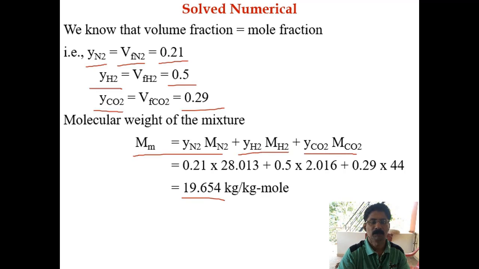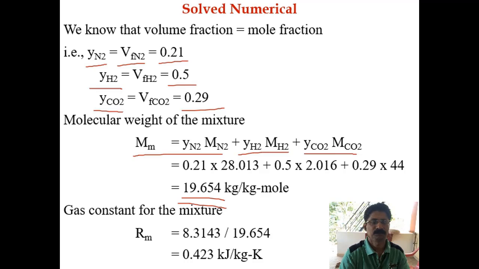If you make proper substitution, you will get the molecular weight of the mixture as 19.654 kg per kg mole. Similarly, gas constant of the mixture Rm is equal to R bar by molecular weight of the mixture. After substitution and simplification, you will get it as 0.423 kilojoules per kg per Kelvin.